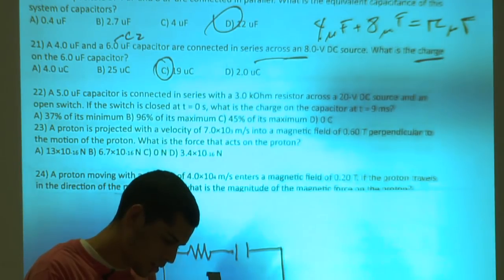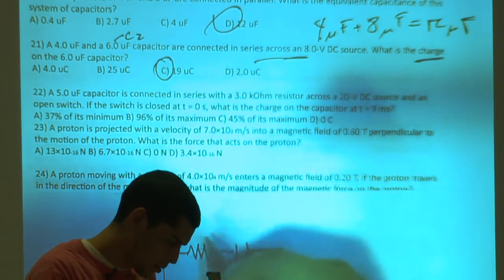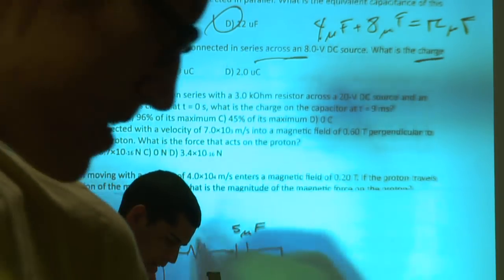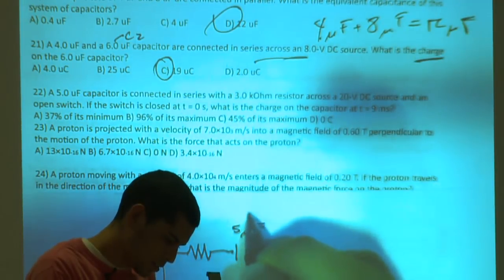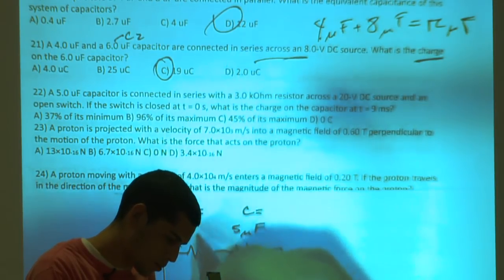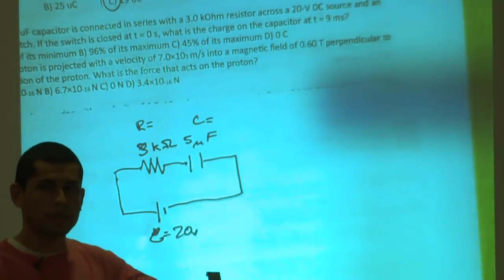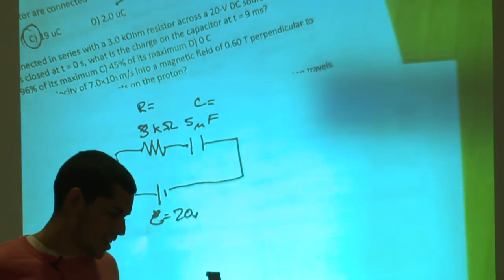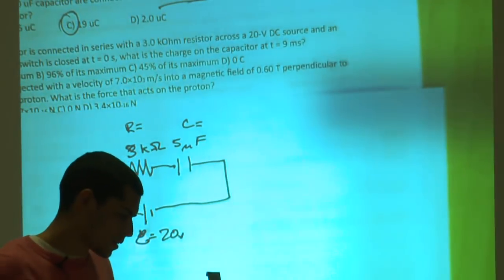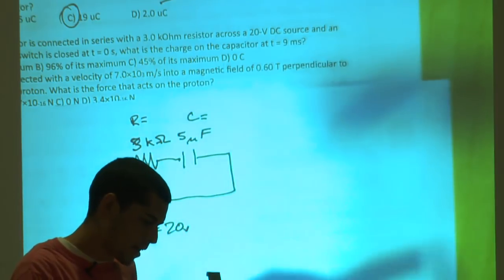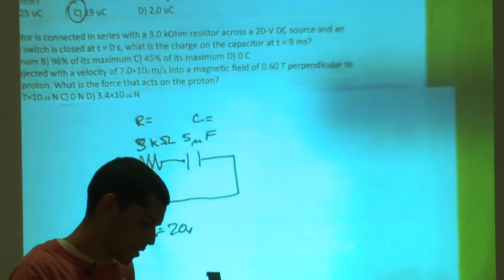We have 5 microfarads, and then we'll just call this R equals 3 kilo ohms. The switch is closed at t equals 0 seconds. What is the charge on the capacitor at t equals 9 milliseconds?